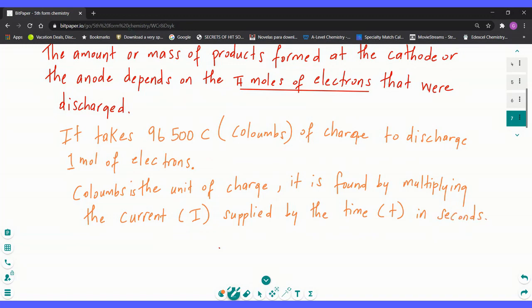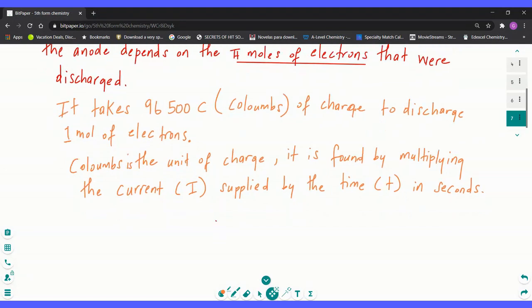So to find out how much charge was supplied within your cell, you must know the current that you were given and the amount of time it was supplied for, and that will allow you to get the coulombs.